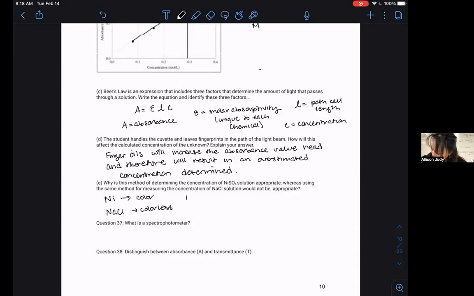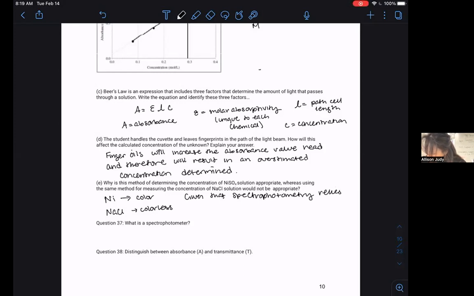So how can I phrase this? So given, oops, let me write this. Given that spectrophotometry, oof, my handwriting is getting real bad.